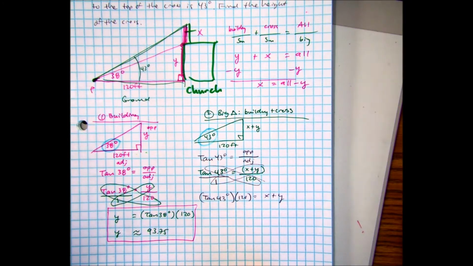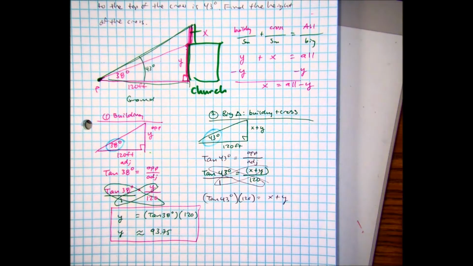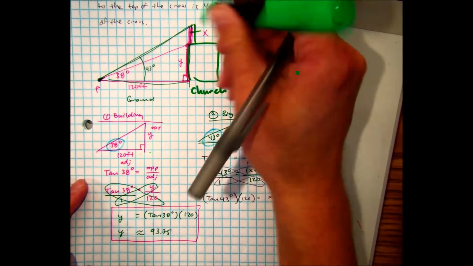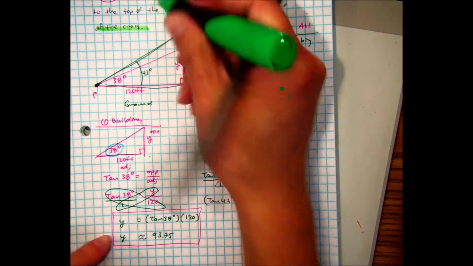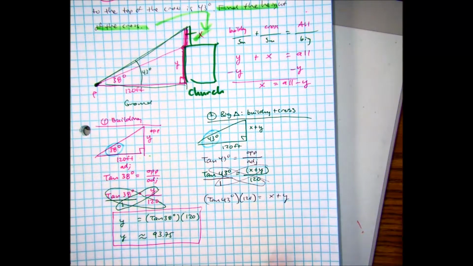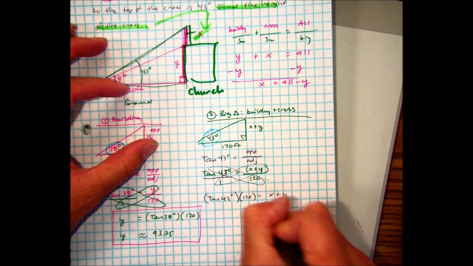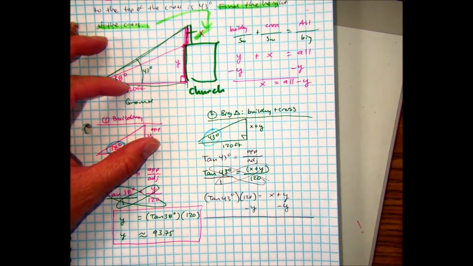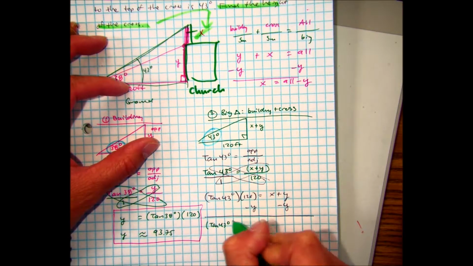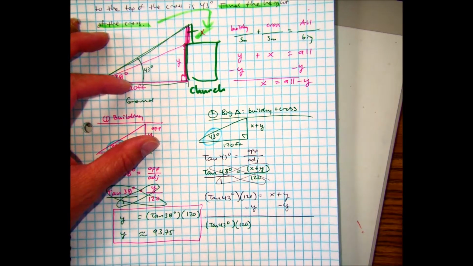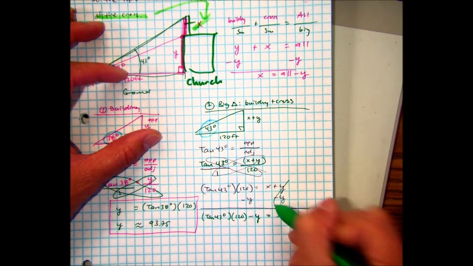Class, what variable are we trying to solve for? We're just solving for the variable x. x represents the height of the cross, right? So I want to get x by itself, so I'm just going to subtract y. So I have tangent of 43 times 120 minus y equals x.